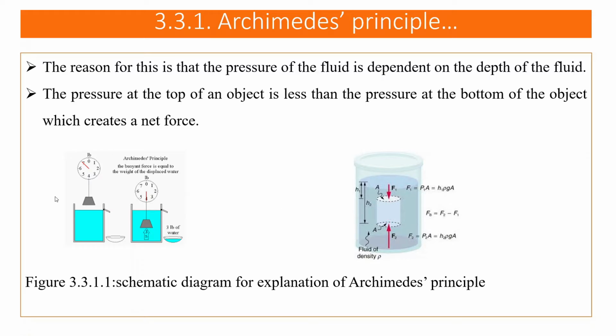Okay, now let's look at this picture. When we measure this object in air, we get 7 pounds. After we fully immerse it into the liquid, we get 4 pounds. This 4 pounds is the apparent weight.